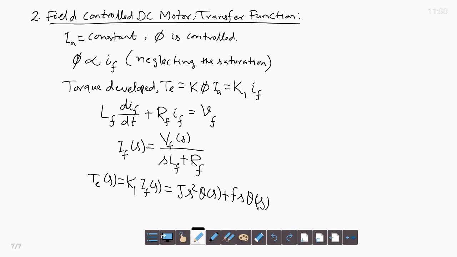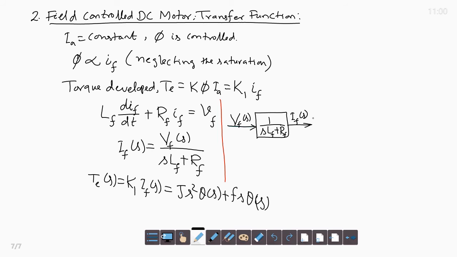So, if we draw the block diagram, first we start with field voltage VFS, the voltage applied to the field winding. Then we have the block with transfer function 1 upon SLF plus RF, and as output we get field current IFS.